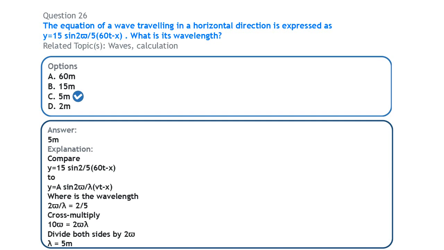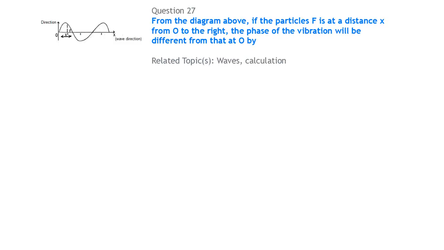So there are many ways this question can come, and there are many forms this standard equation can come in. We have a sine 2 pi f t, or a sine in bracket omega t minus 2 pi x over lambda. That's another. There are many forms basically.